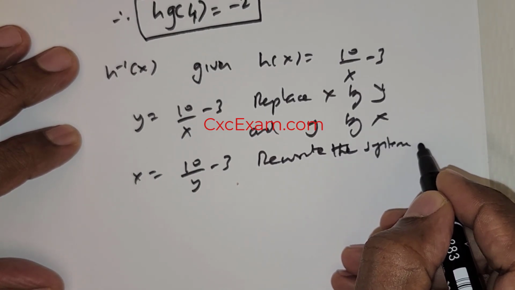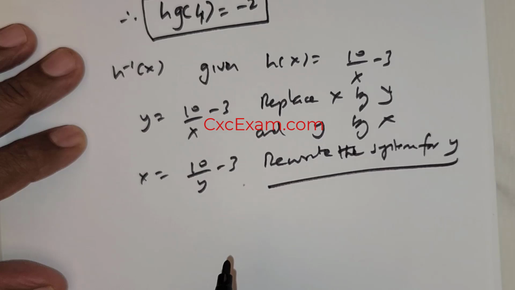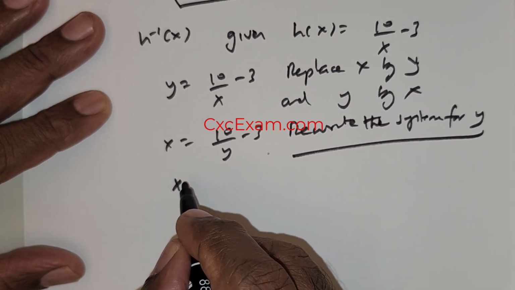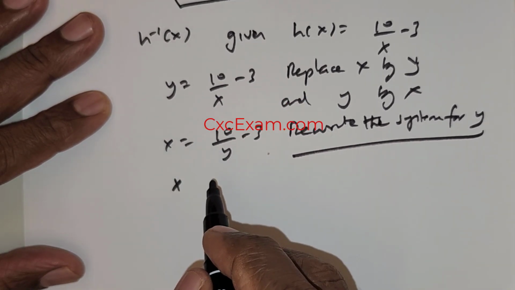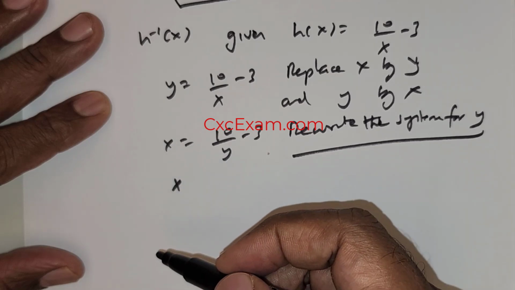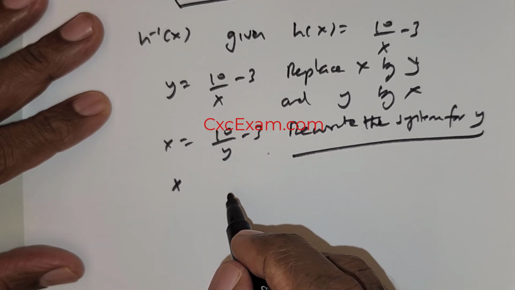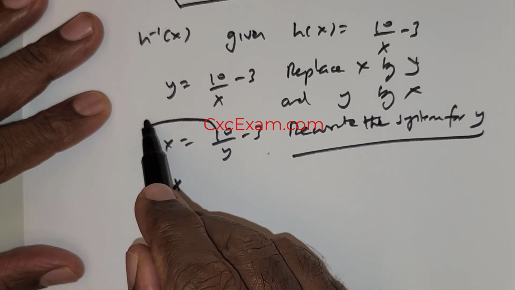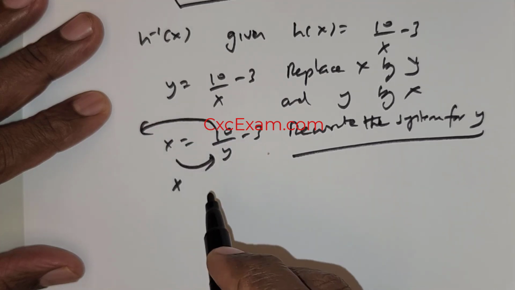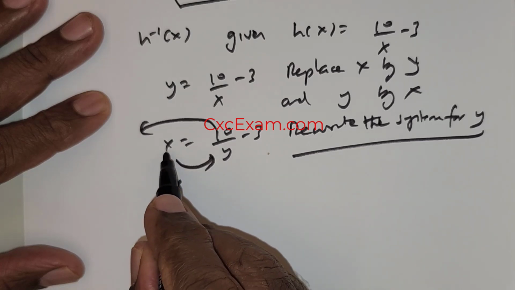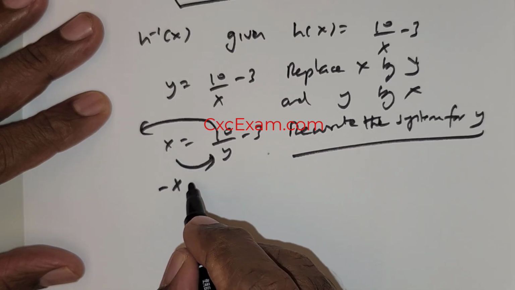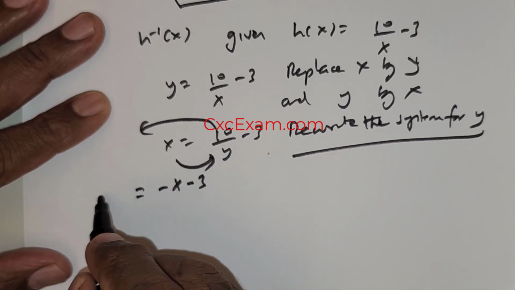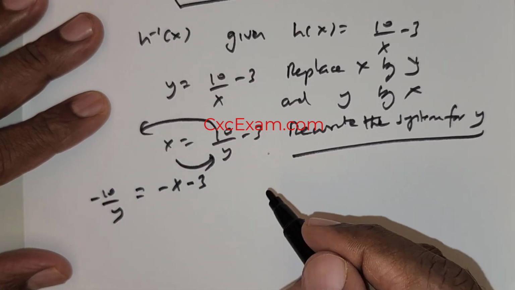the system for y. That would mean you will have to change the way the system is represented. So for that, what I will do is I will move this to the left and this to the right. So when x moves to the right, it's going to be negative x negative 3, and this is going to be negative 10 over y.